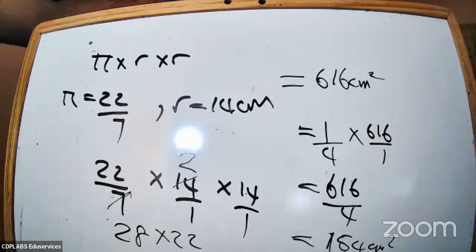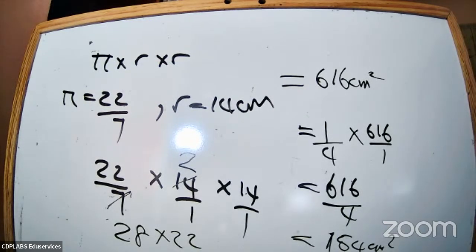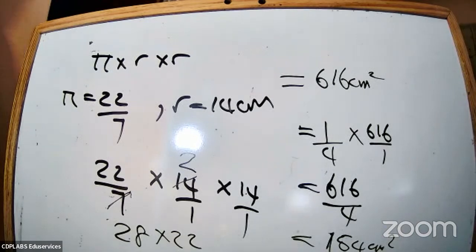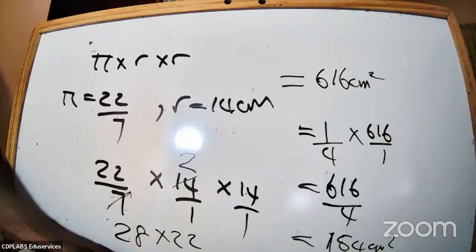All right. May I erase this now? Yes. Sir, I'm unable to see all of the board. What type of device are you using? I'm using my laptop. I cannot see anything that is below 22/7 times 14 times 14.